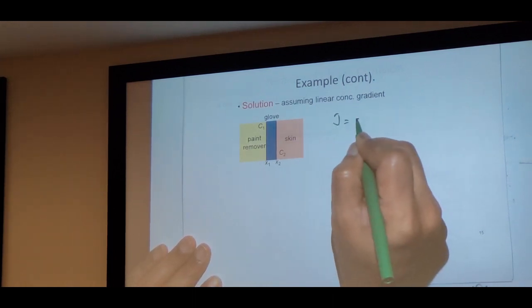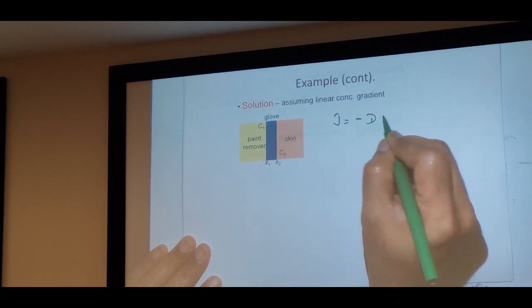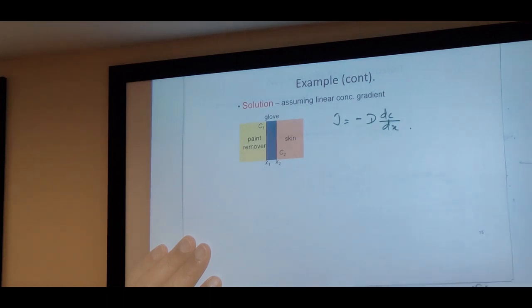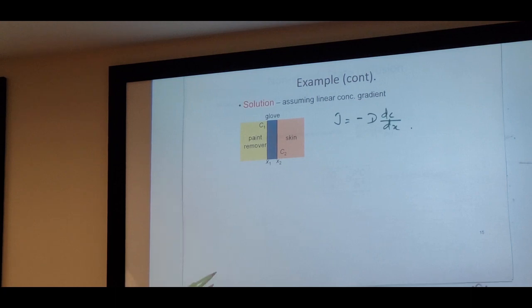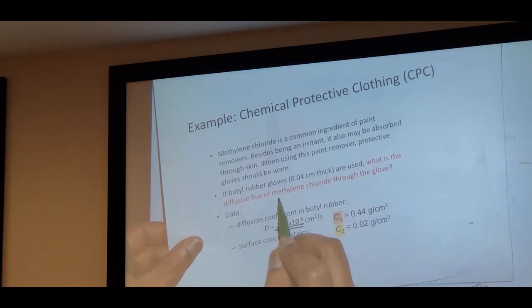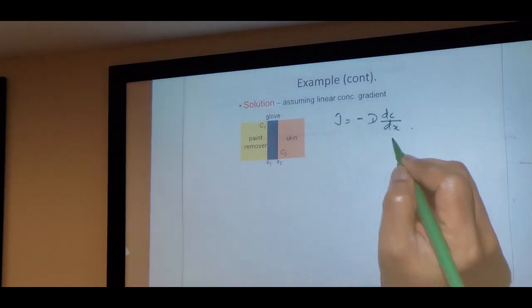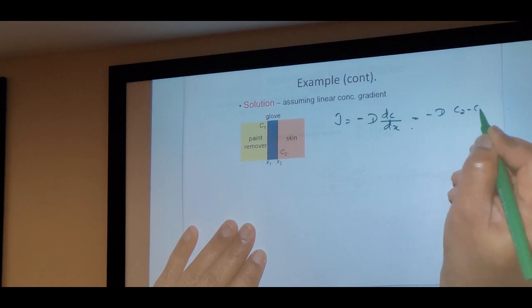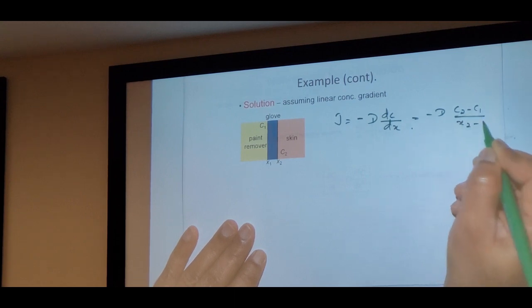J is equal to minus D into dC over dx, and X2 and X1 are also given, right? C2 and C1. So this is equal to minus D into C2 minus C1 over X2 minus X1.